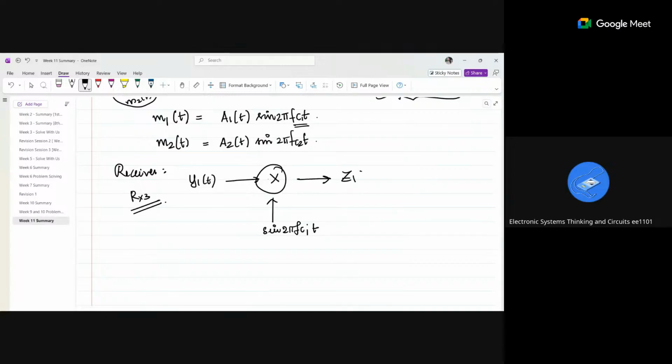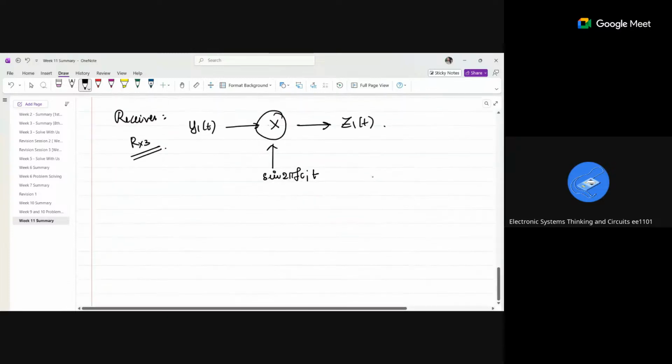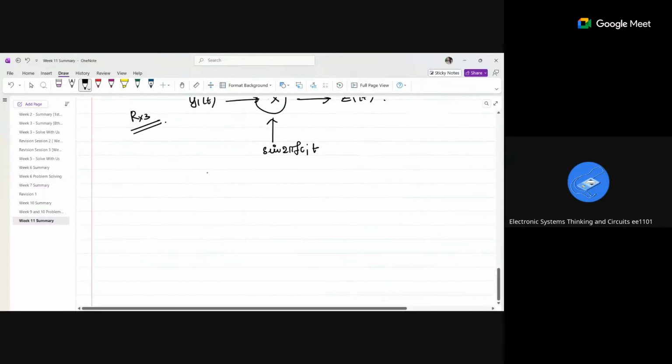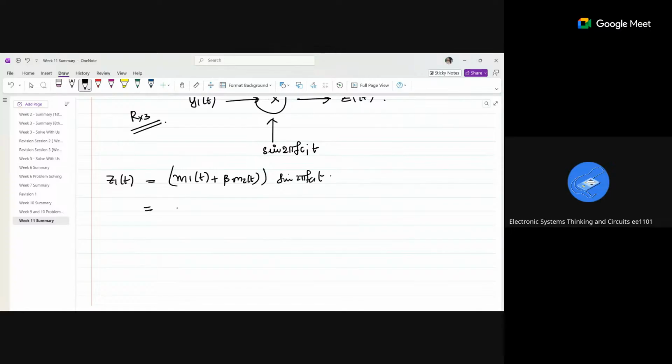Then I get z1 of t. So z1 of t is equal to m1 of t plus beta m2 of t, into sine 2 pi fc1 t, which is equal to a1 sine 2 pi fc1 t plus beta a2 sine 2 pi fc2 t, multiplied by sine 2 pi fc1 t.